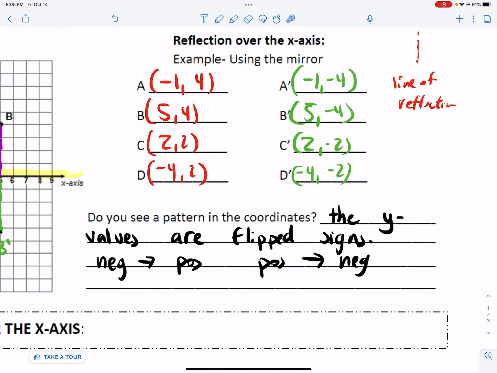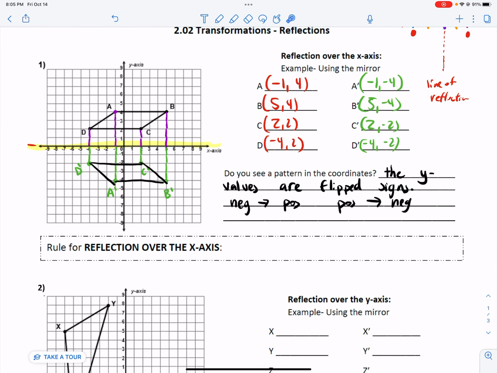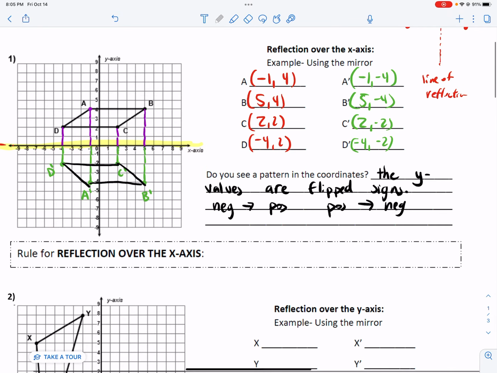So if you look over here, positive 4 became negative 4, 4 became negative 4, 2 became negative 2, and 2 became negative 2. So the rule for reflection over the x-axis will be from x comma y, we'll keep the x where it's at, but I will put a negative in front of y because that just flips signs. That's the rule for the reflection over the x-axis.